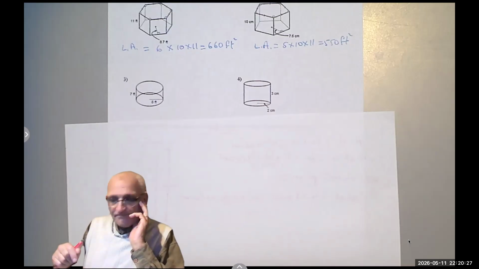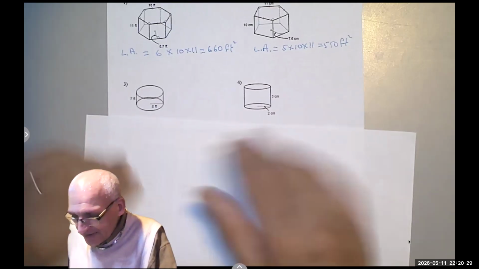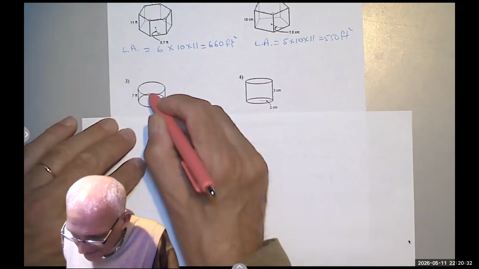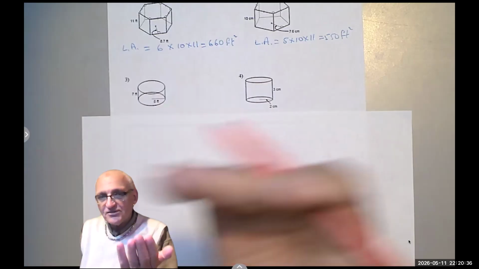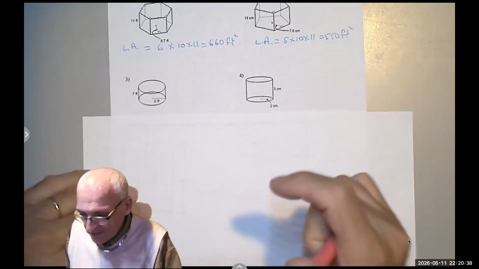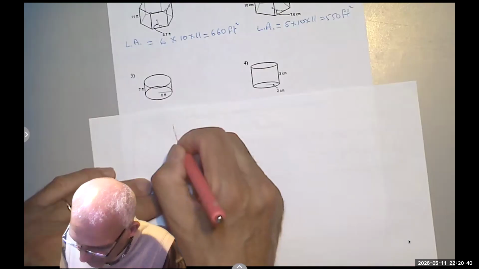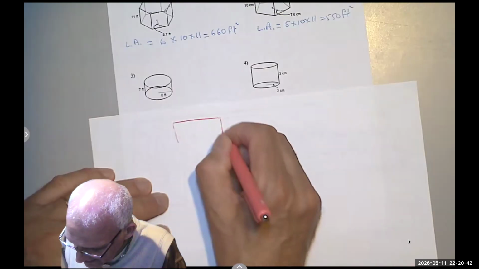Okay, and then you bring scissors and you cut it like that, open it, and then spread it open. What will happen? This cylinder would become a rectangle. Do you see that?